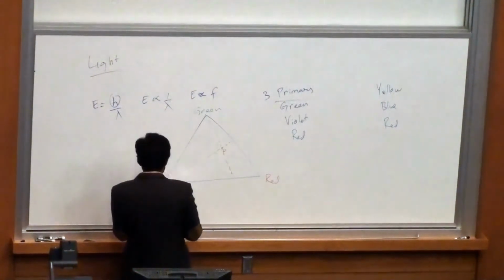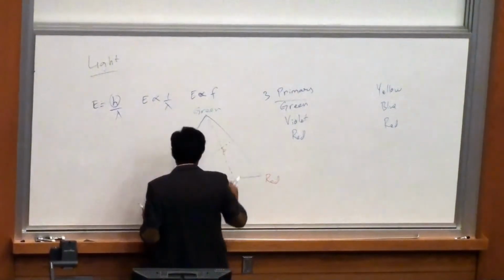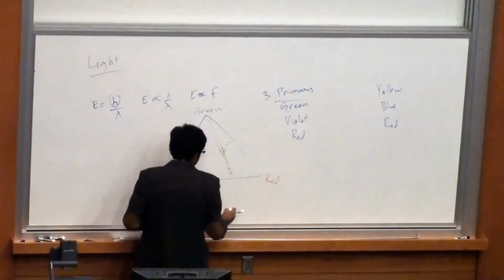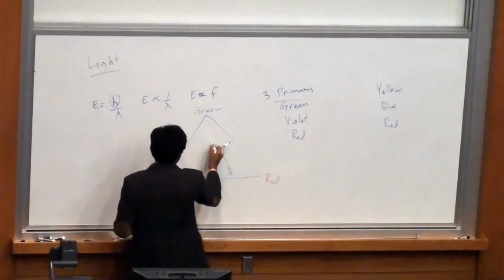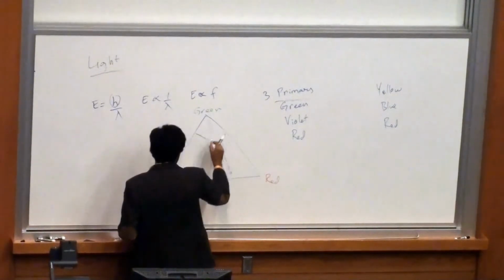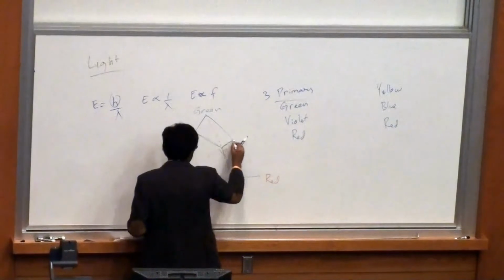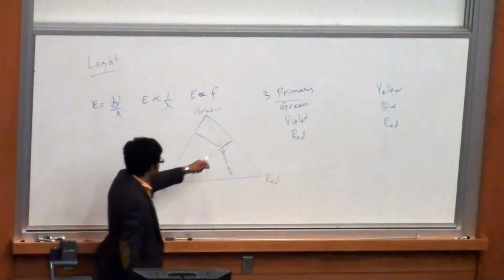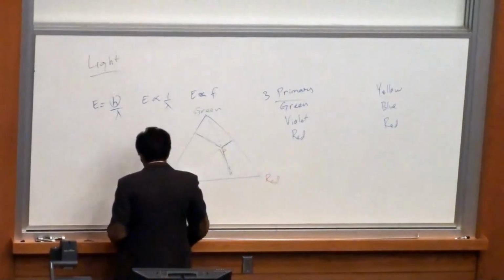The amount of green I need is dictated by the length here, the amount of red I need is dictated by this length here, and the amount of violet I need is about that much. The combination of those three gives me the color at that point P.